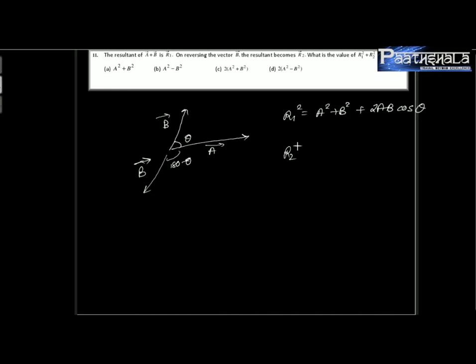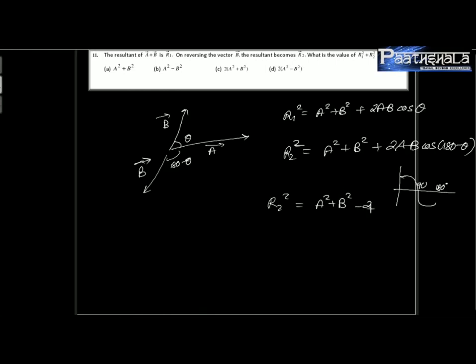So R2 square is equal to A square plus B square plus 2AB cos of 180 minus theta, and cos of 180 minus theta is nothing but minus cos theta, because the graph of cos is like this. This is 90, 180. So here clearly you can see that cos of 180 minus theta is minus cos theta. So R2 square is equal to A square plus B square minus 2AB cos theta.